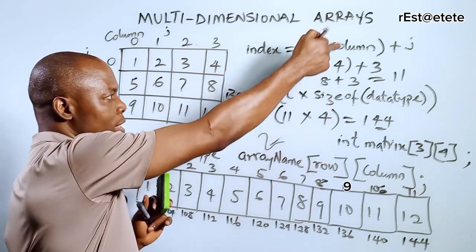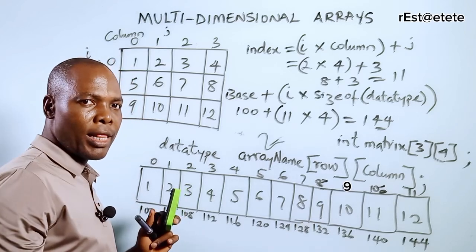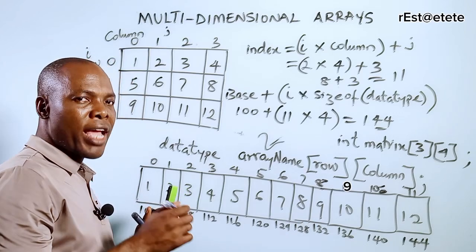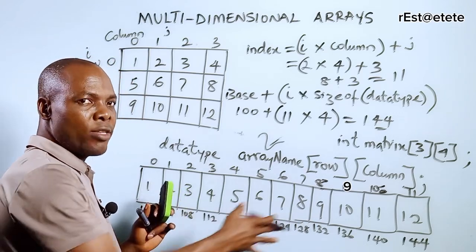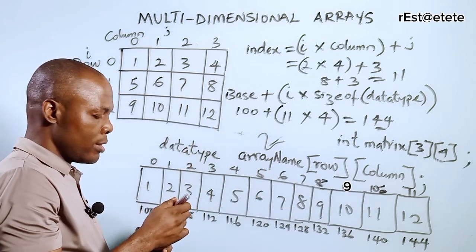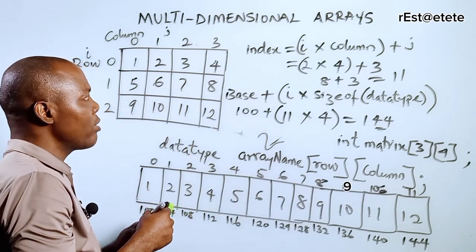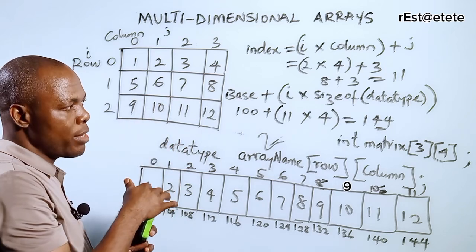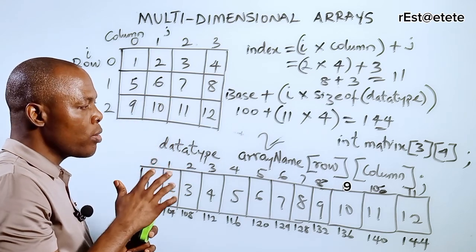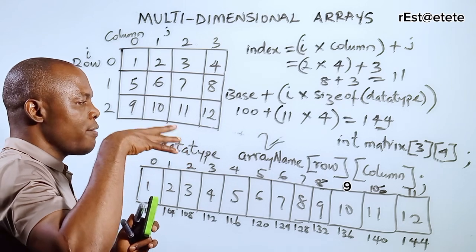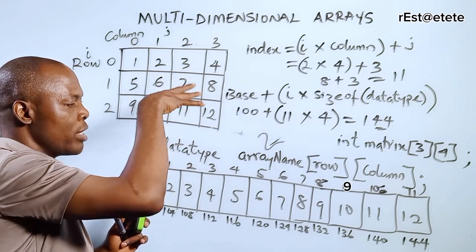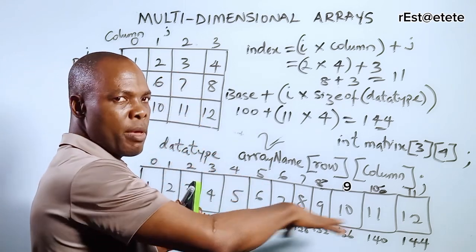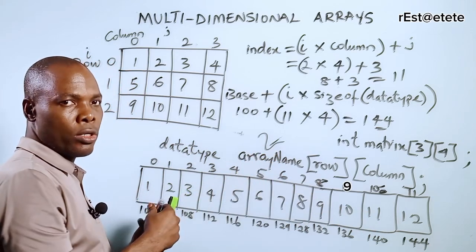You see? So with this equation, we can actually tell the memory address that the compiler is going to store the value of this index, value of this 2 dimension. So this is how you can actually flatten a 2-dimensional array to a linear memory, which is 1 dimension.